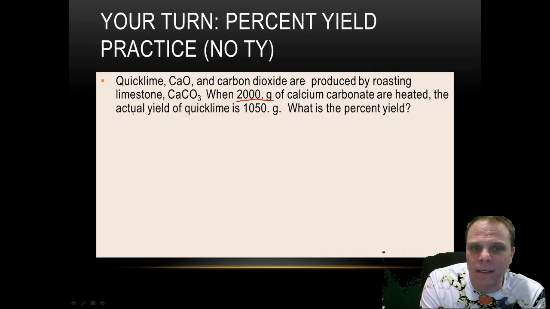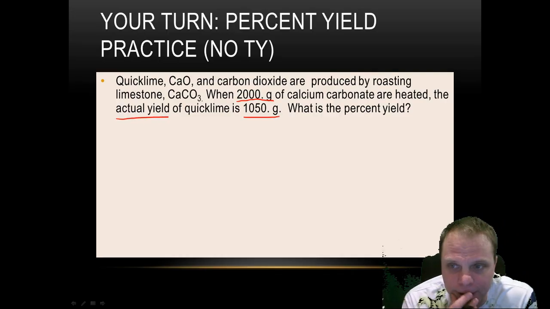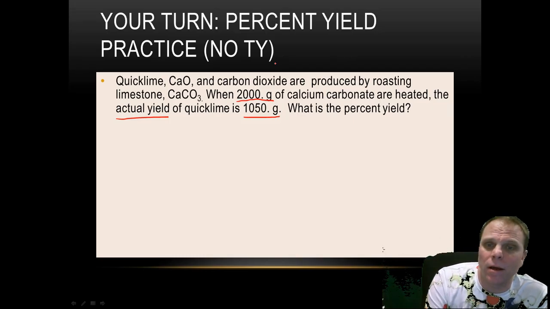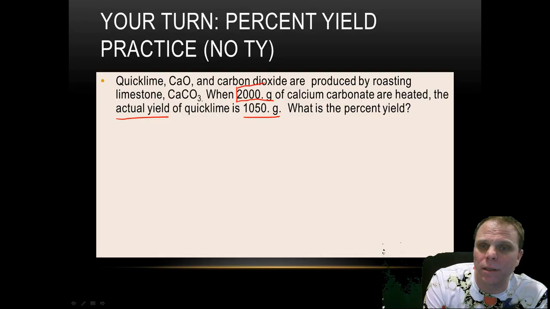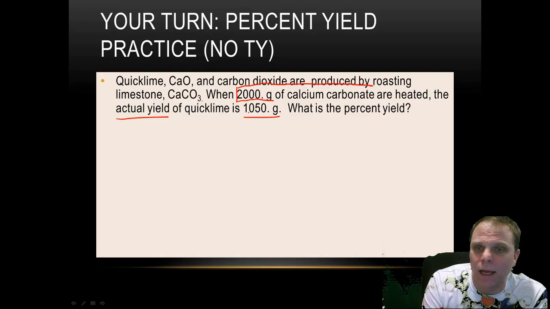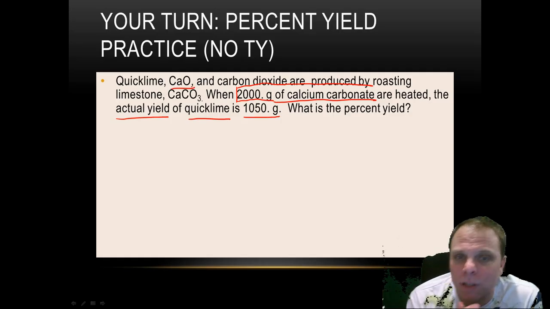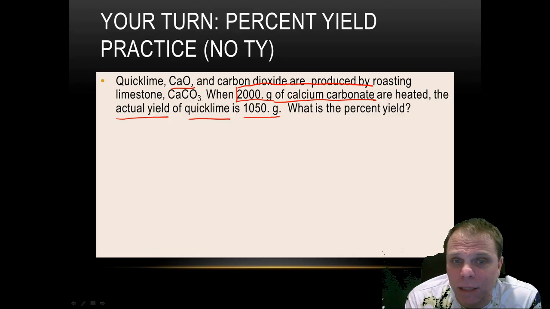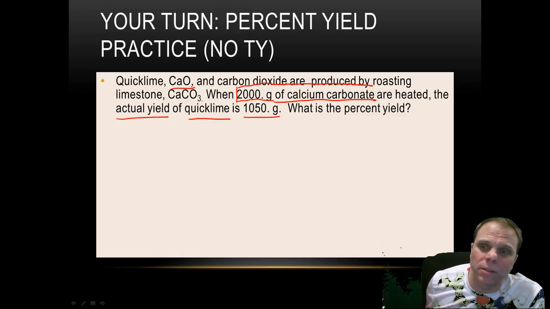It tells us the actual yield, 1,050 grams. But theoretical yield has to come from this known, calcium carbonate. I'm not looking for calcium carbonate. Quicklime is calcium oxide, so I've got to go to calcium oxide from calcium carbonate. What's the percent yield?